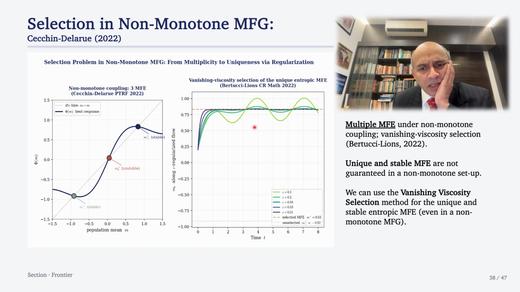So if we have multiple mean field equilibria under non-monotone coupling, we can use the vanishing viscosity selection method by Bertucci and Lions.